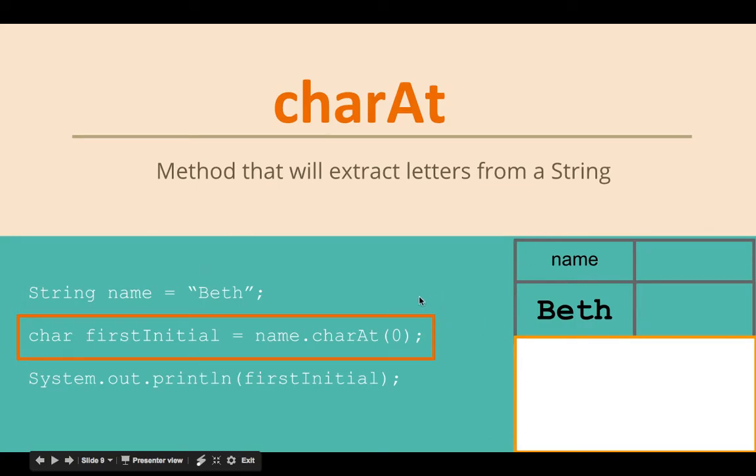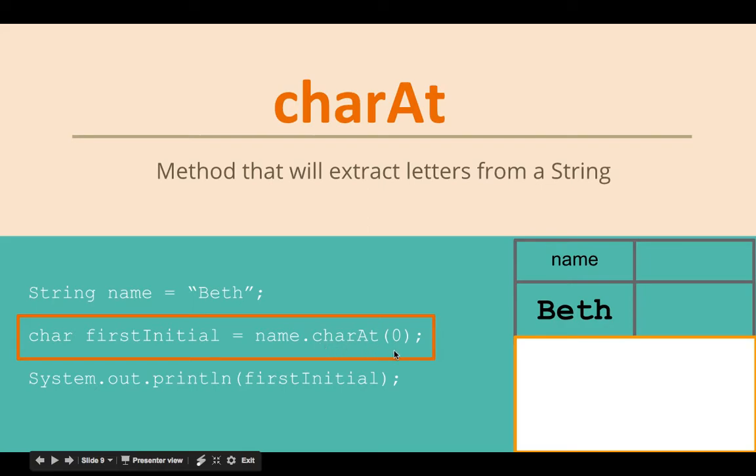So now we're going to pop down to the next line of code because programs work very sequentially. And I'm creating a new variable, and this time it's a character type, and it's going to be called first initial. And I'm setting it equal to the character at the name variable. So basically what this line of code says is, for position 0 in the variable name, what character do you have there?